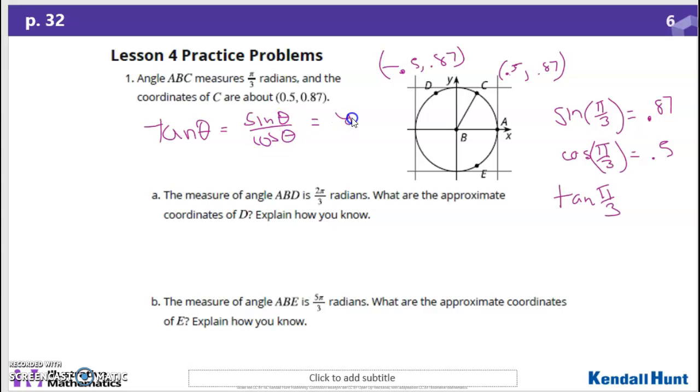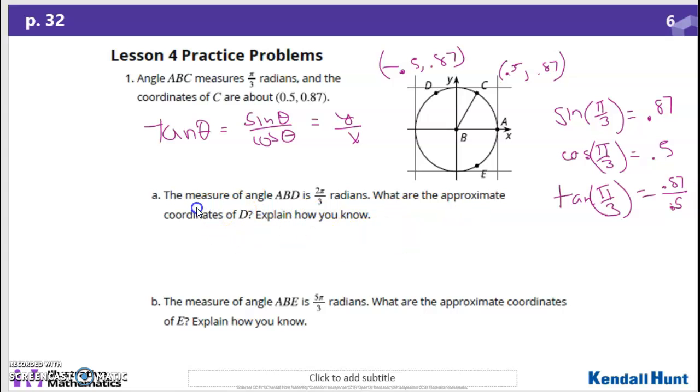So it's always the y value divided by the x value. Tangent is like slope, y over x. So I would have 0.87 over 0.5. And you can choose to decimalize that out, or you can leave it as that fraction. Most of your teachers will be fine with you leaving it as the fraction value there.